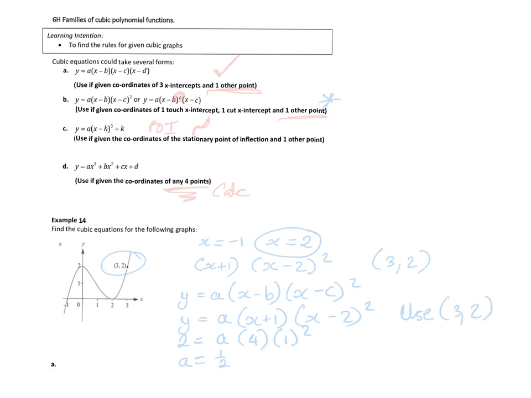So therefore, what is my equation here? y is equal to, okay, we found that a was 1/2, so it's 1/2 outside of x plus 1, x minus 2 all squared. Again, that was where my graph touched my x-axis. That's why it is a squared term.